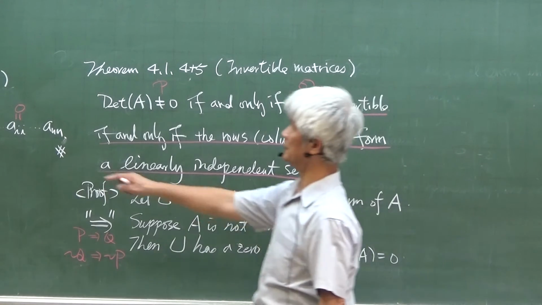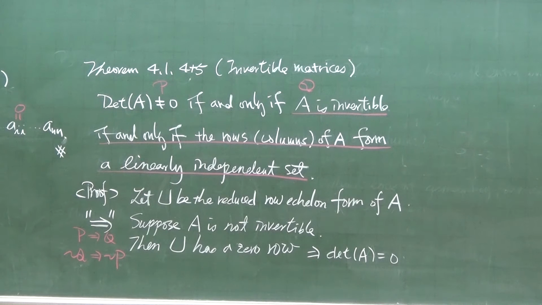The reason is the same as we did here. Because U has a 0, so the determinant of U is 0.